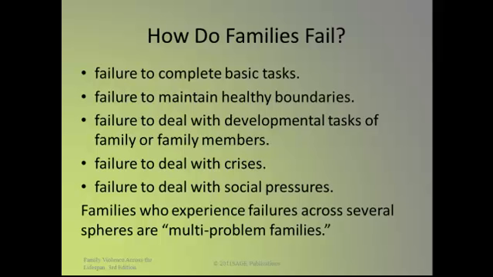So when they're failing to perform these basic tasks and to respect boundaries and deal with crises and social pressures properly, essentially they're not living up to the expectations in that contract. And that's when the state then has a right or a responsibility to step in and protect the members of the family, whether it be its children, its elderly, or its victims of violence.